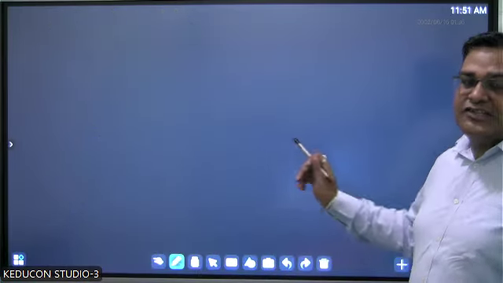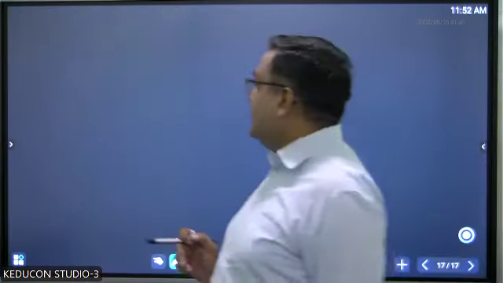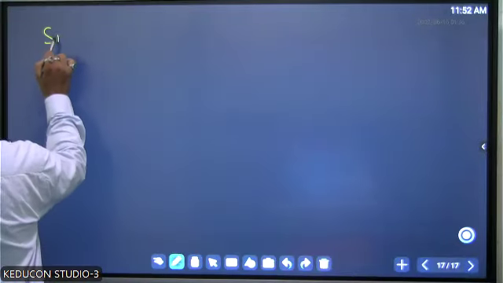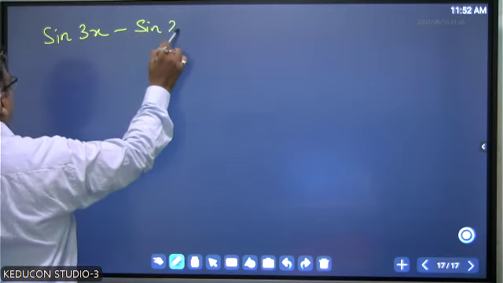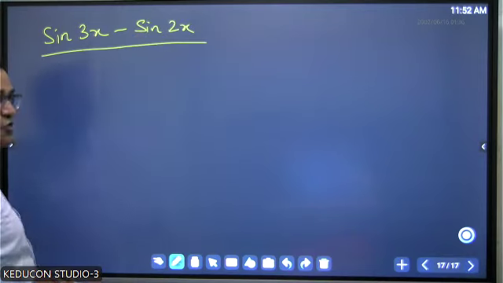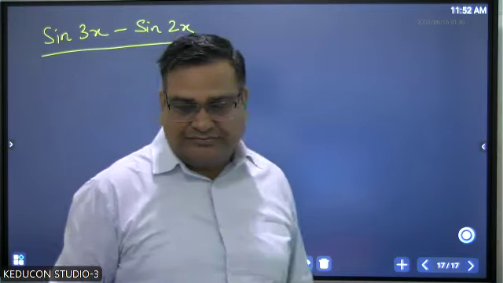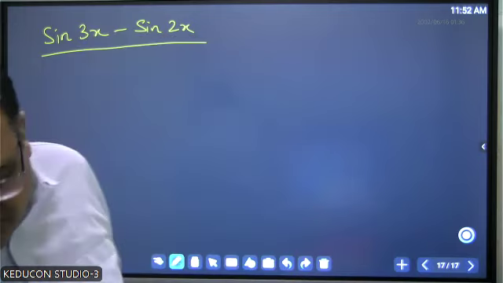Now students, solve sin 3x minus sin 2x using this formula. Please do it. Please do it, bacho.